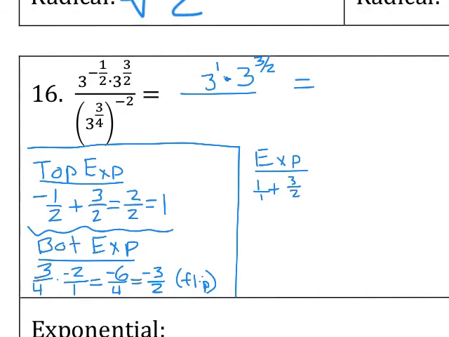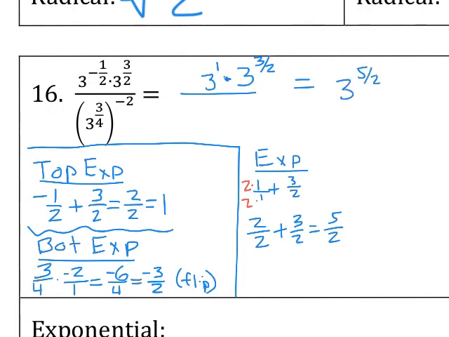So if I want to make a common denominator, I'd have to multiply by 2. So I would have 2 over 2 plus 3 over 2 is 5 over 2. So really all of this simplified down into 3 to the 5 over 2 power.